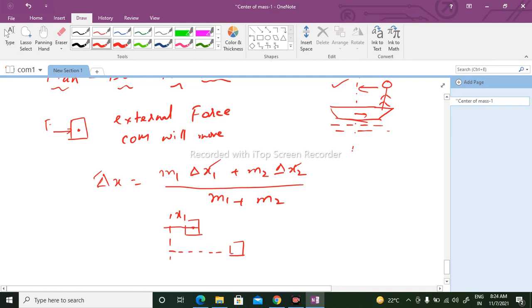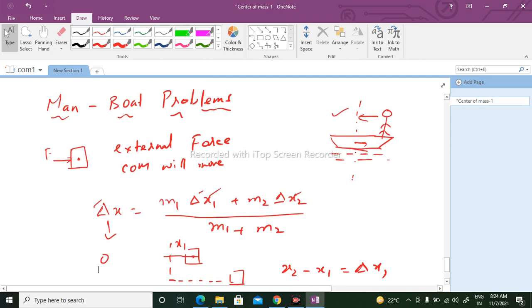So it is x2 now. So this x2 minus x1 is called delta x1. That is shift in the center of mass of the first body. So in the case of internal forces, delta x will be equal to 0. So we will use this concept and we will solve this type of question.